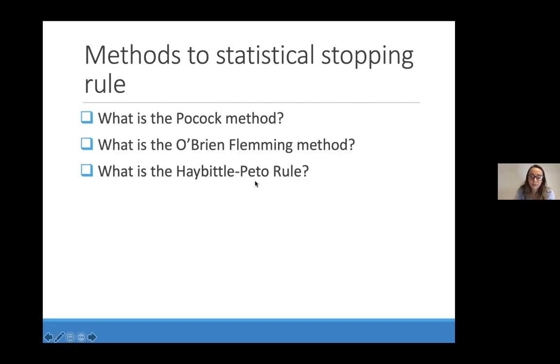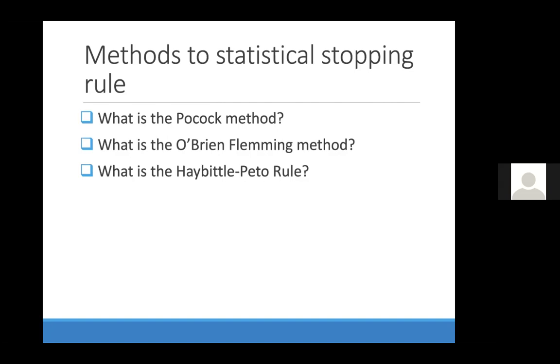I think the Pocock approach is a fixed nominal level approach, and it sets the same value for each interim analysis. And the second one is widely adopted because the stopping criteria are more conservative at the earlier stage.